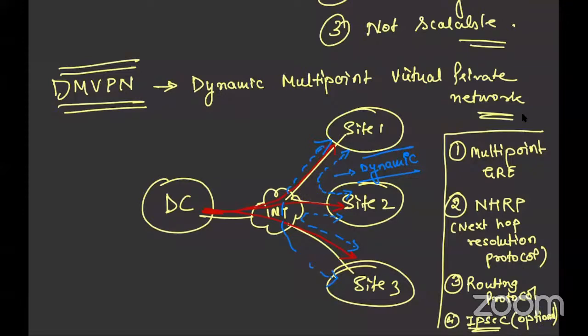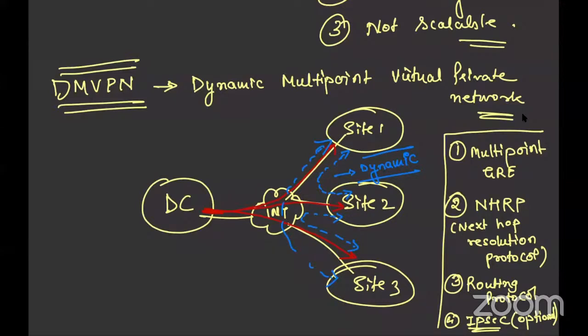There is a recommendation that you should use it. Even if you don't use it, your DMVPN works fine, but then your traffic is not encrypted. It will go without encryption. It is a top layer which you can put over the DMVPN. So these are the four different components that make up the DMVPN.